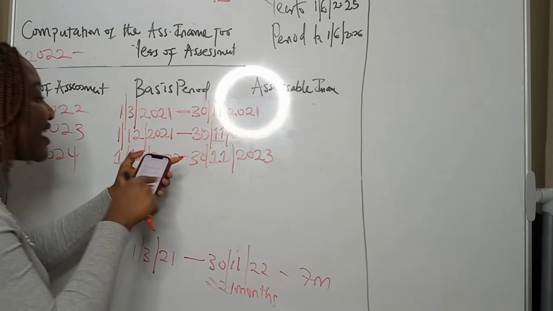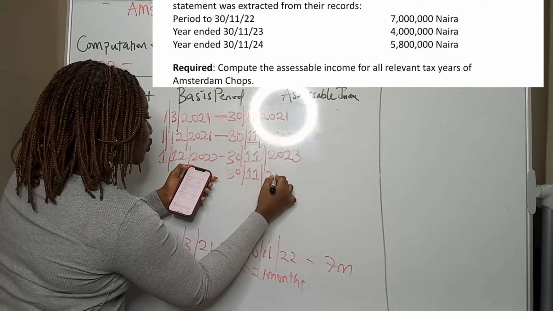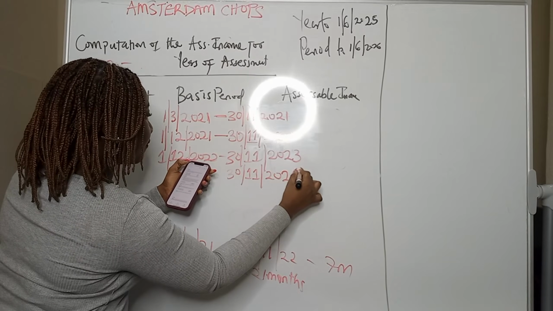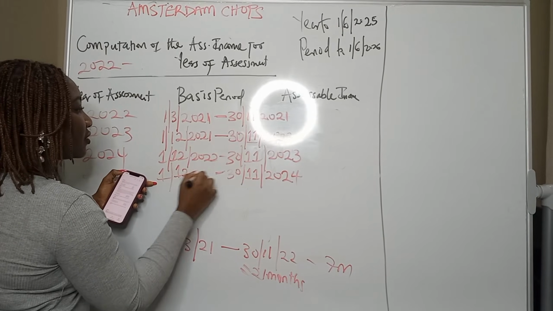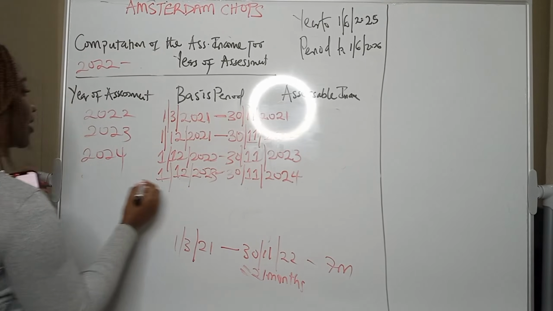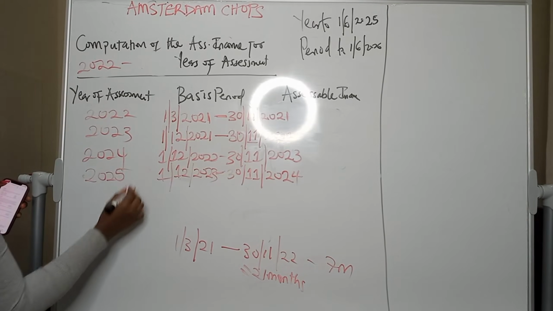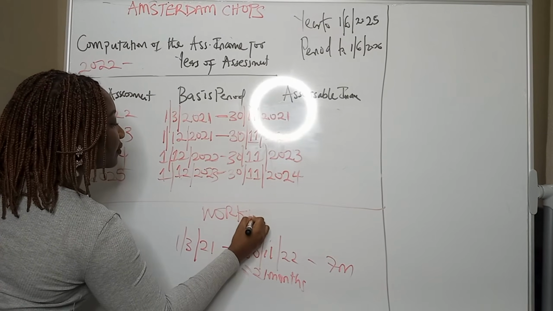Yes, we still have year ended 30th November 2024. Right? So it means it started on what? 1st of December 2023. If you have any questions, ask. And then we have what? 2025 year of assessment. It makes sense. So let's leave this place as our workings.